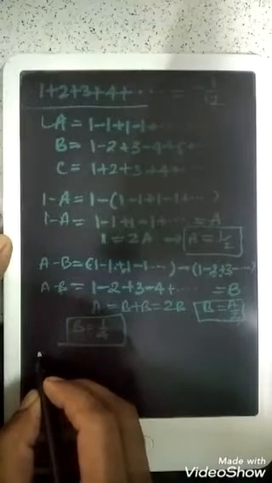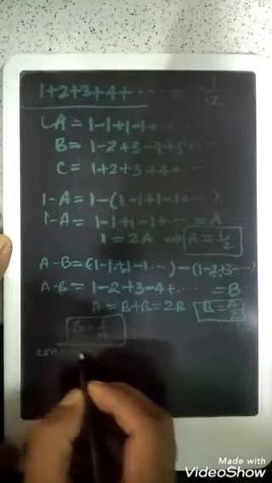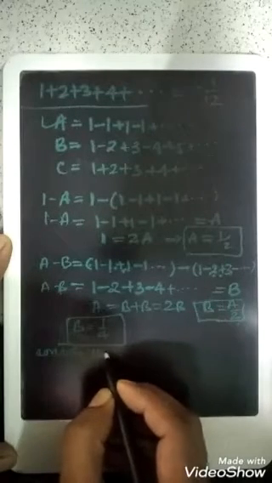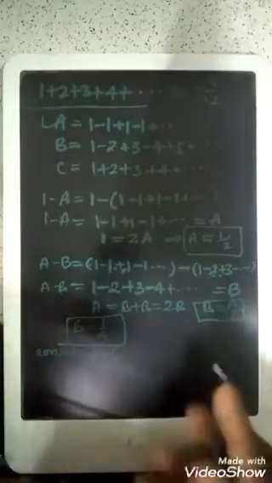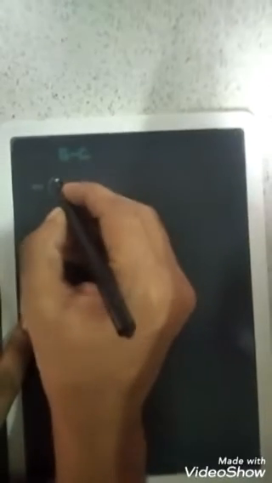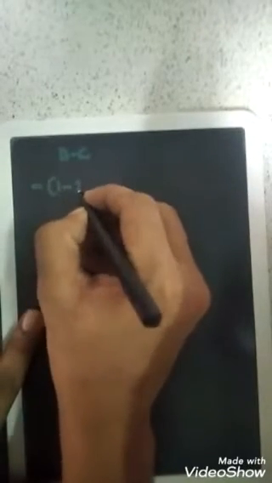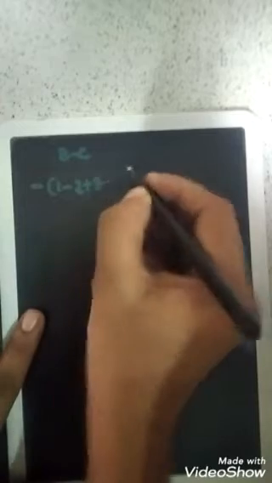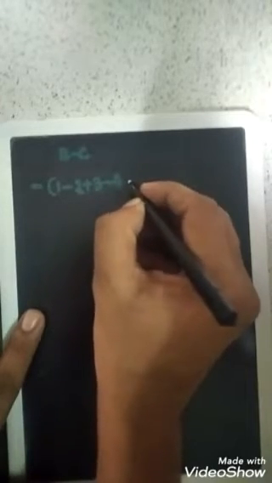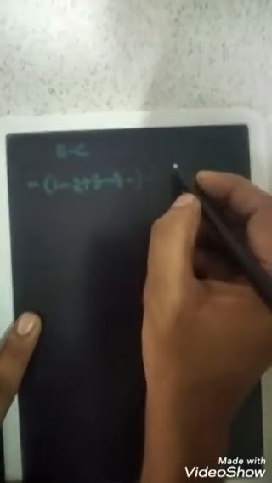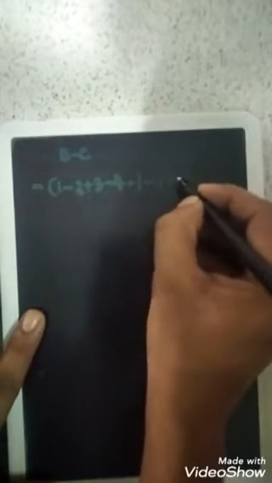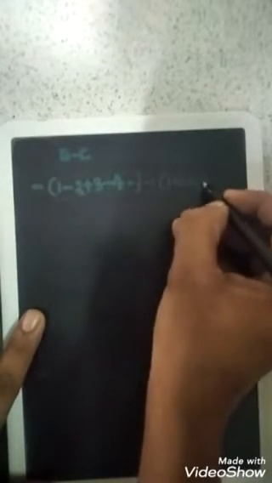Now consider B minus C. We have to subtract C from B. My B was 1 minus 2 plus 3 minus 4 and so on, and C was 1 plus 2 plus 3.